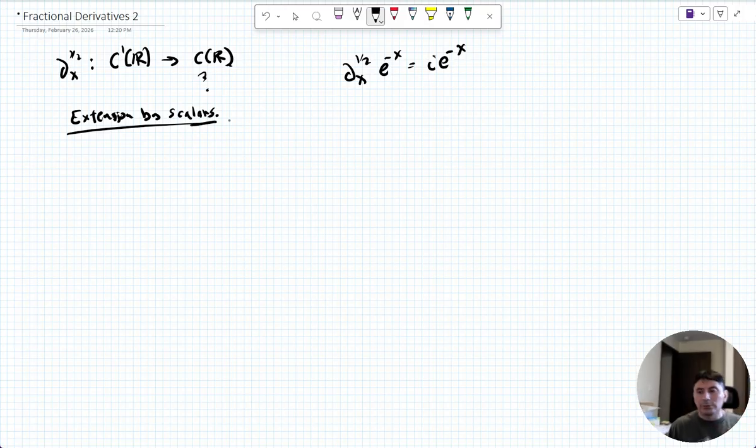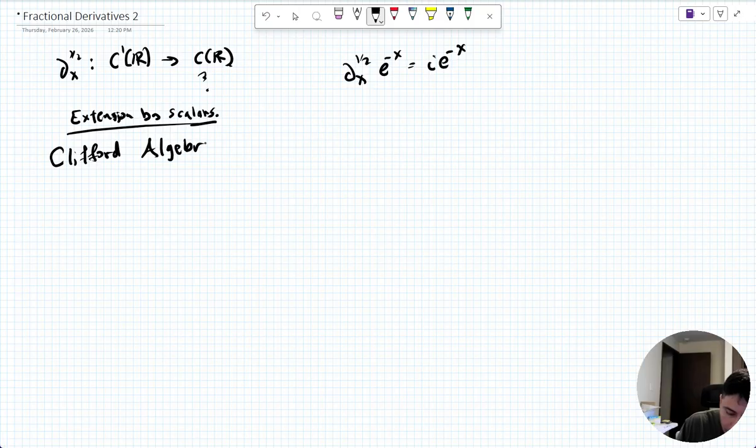So what we're going to do is consider the following Clifford algebra, right? Cl over R of (1, 1), that is generated by x and y, right? They're vectors.